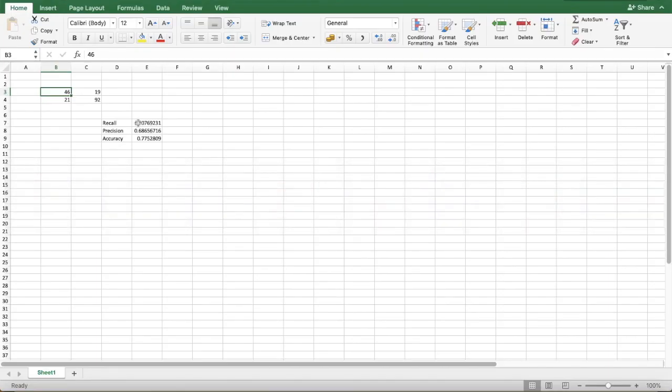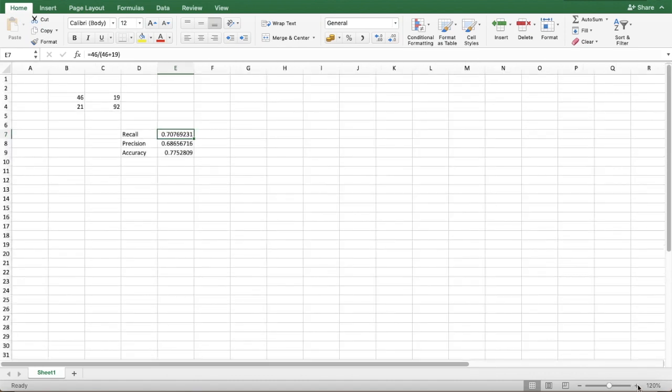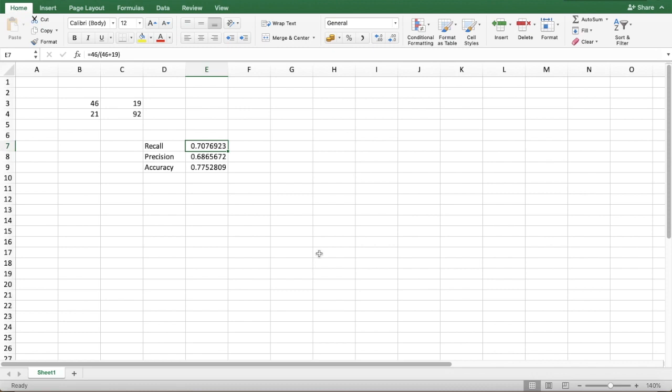And this could be even shown in an Excel file as in the calculation here. As you can see here, the recall is nothing but 46 by 46 plus 19, and precision is nothing but 46 by 46 plus 21.